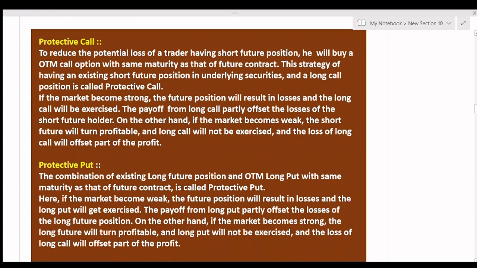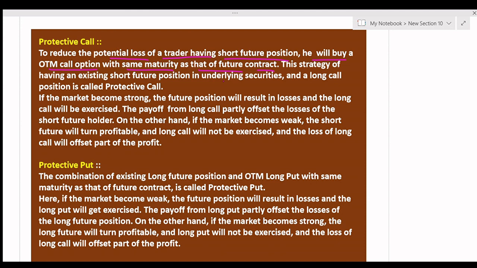Now come protective call. To reduce the potential loss of a trader having a short future position, he will buy an OTM call option with the same maturity as that of the future contract. It is just the opposite of the covered call, where covered call is a long future position with a short call option.